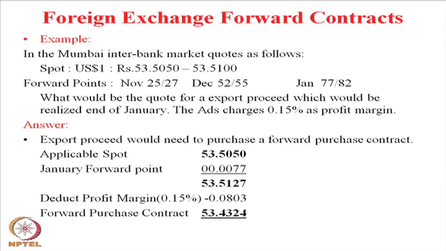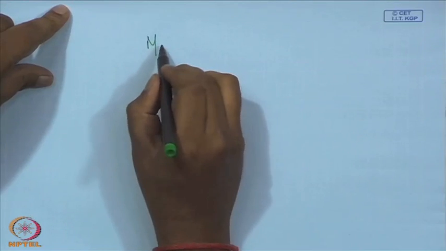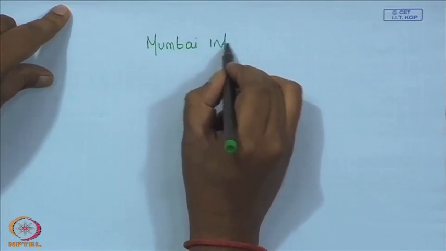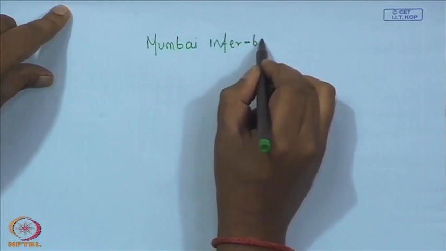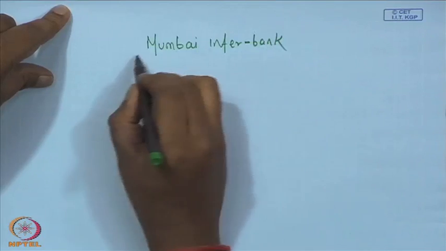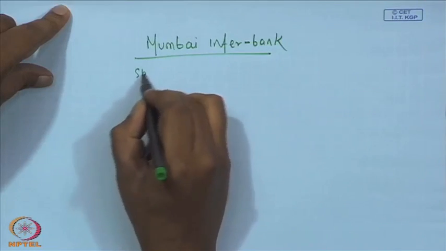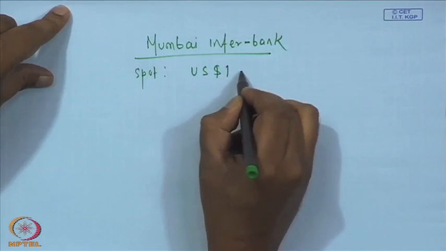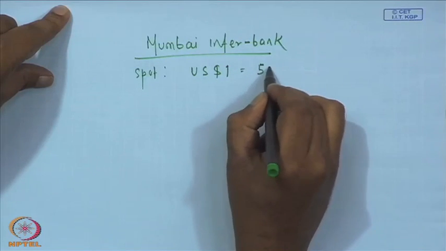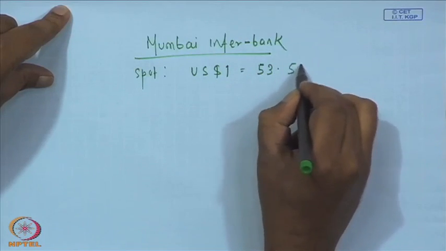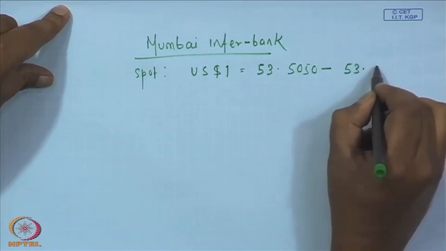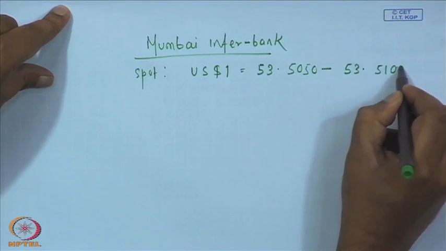The dollar spot rate is in the Mumbai interbank market, the spot rate between US dollar and Indian rupee given to us 53.5050 and 53.5100.